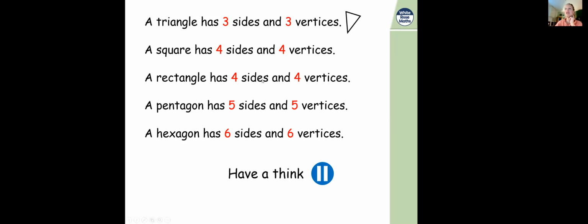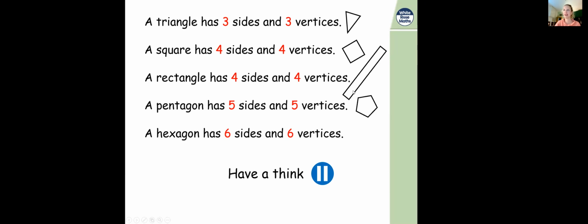Let's have a look. A triangle here. Can you see it has 3 vertices and 3 sides? A square, can you see the 4 vertices? 1, 2, 3, 4, and 4 sides. A rectangle has 1, 2, 3, 4 vertices and 4 sides.